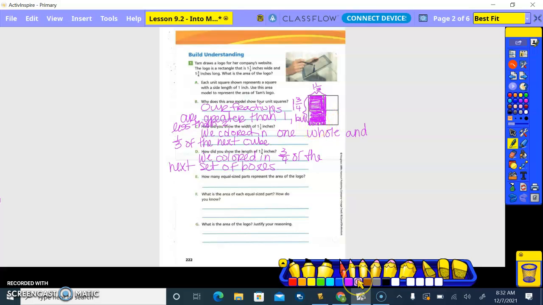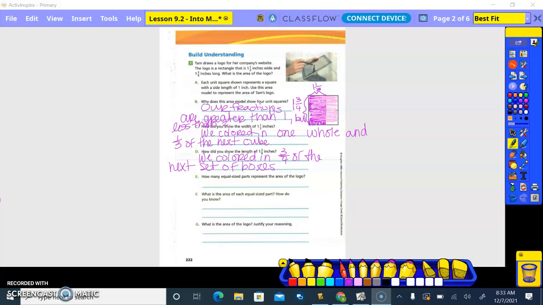And then for 1 3/4, we would have colored in all of this way, right? So once again, we're going over double colored. How many of those little boxes are double colored? Count. Guys, count how many?